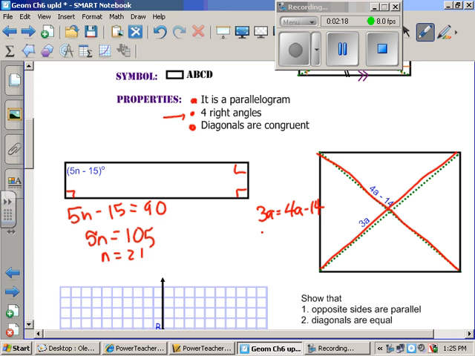Subtract 4a, and I get negative a is equal to negative 14. So a is 14. To check, I can plug it in. 3 times 14 is 42, and 4 times 14 is 56 minus 14, again, is 42. So those lengths are 42, right?